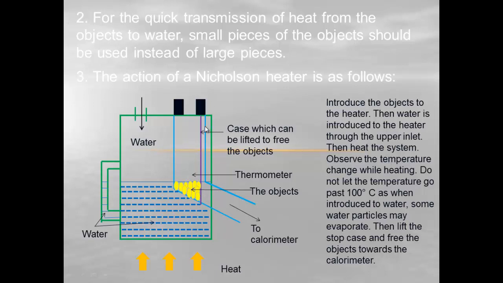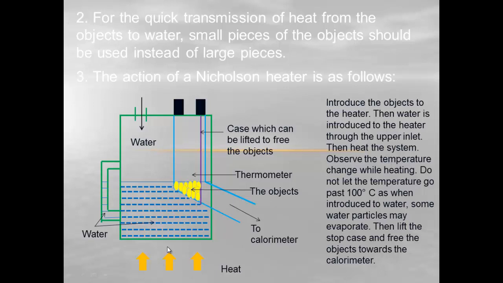As the second step, we introduce water here, and now the Nicholson heater is filled with both water and the objects. We provide heat through a heater, Bunsen burner or any other heater, so that the water boils. The surface through which the objects and the water are separated is made of a heat conductor.